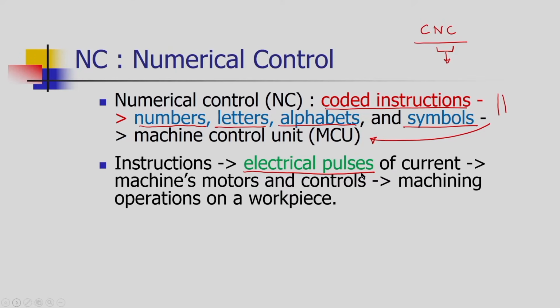Those electrical pulses are running the motors of the CNC machine tool. So motors are the basic drives of the CNC machine tool. The accurate passage of electrical pulses will be done by the machine control unit.